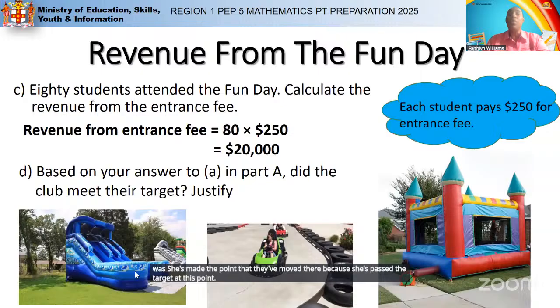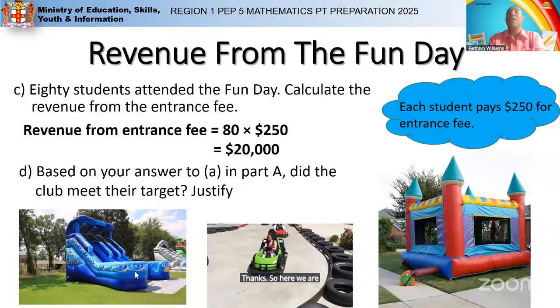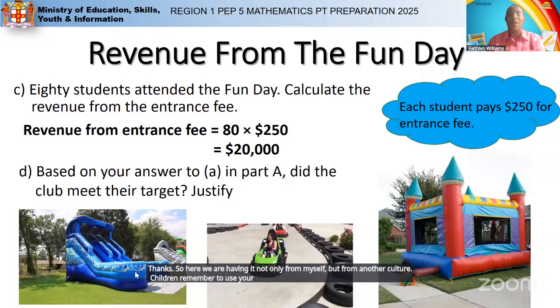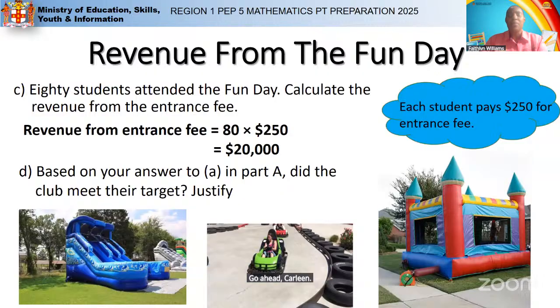Thanks. So here we are having it not only from myself, but from another coach. Children, remember to use the symbol for the unit that you're working with. Very important. Go ahead, Carlene.